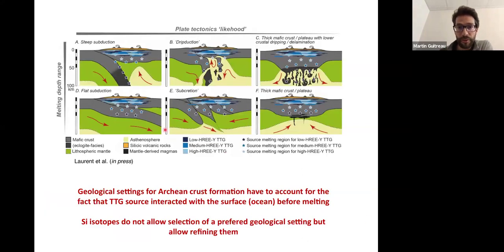So if I go back to these cartoons, you cannot really tell which one is the most likely, and silicon isotopes cannot definitively give the answer.